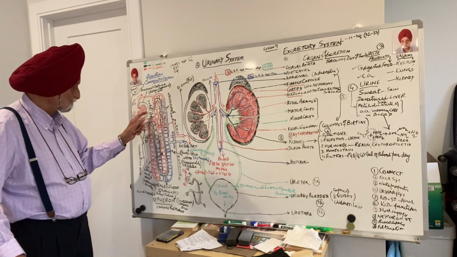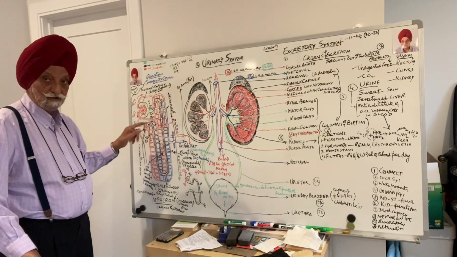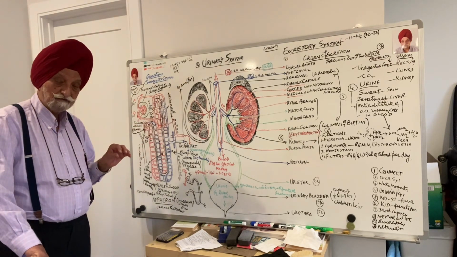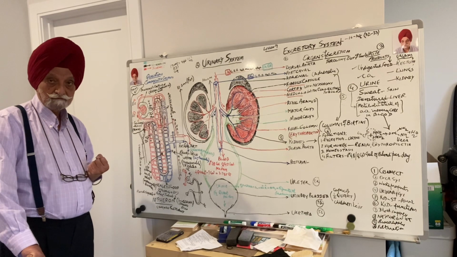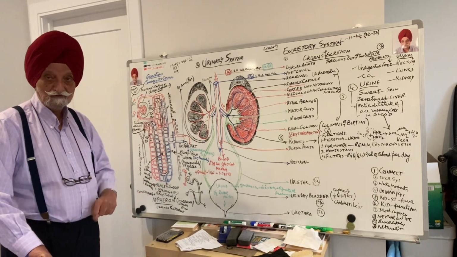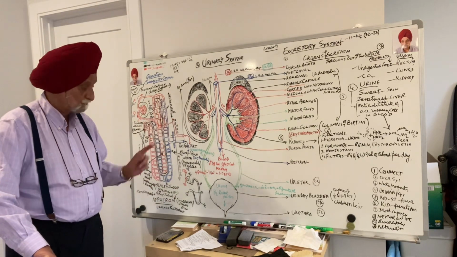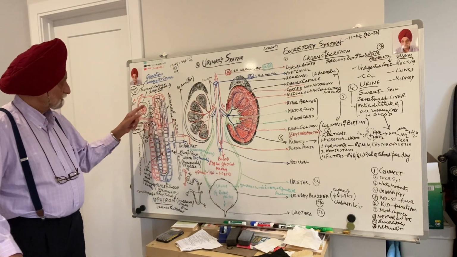Now, as these substances pass through the uriniferous tubule, the function of the long tube, the function of the uriniferous tubule is to reabsorb those substances which are useful for our body, the substances which our body needs. I will say what?